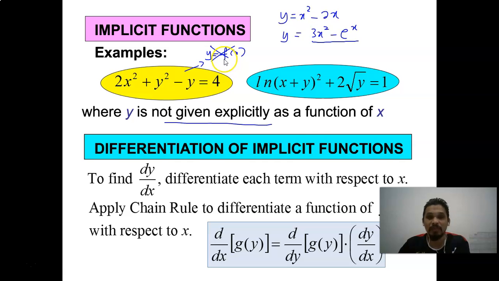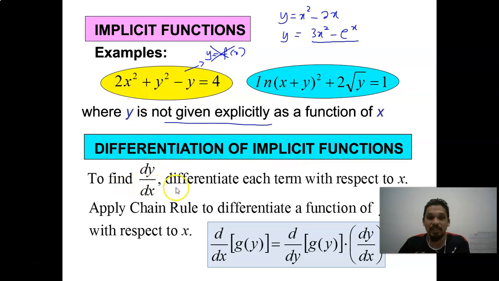Most probably, we cannot. So this is an implicit function, and because of that, we name this the differentiation of an implicit function, where we differentiate the implicit function of y here.